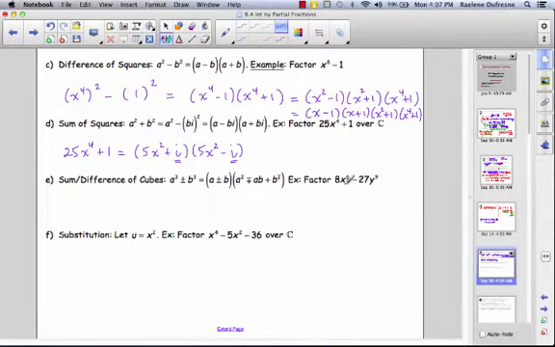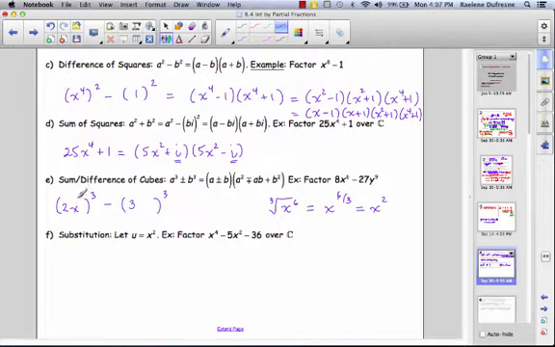So applying that to 8x to the 6 minus 27y to the 9, I'm first going to write my difference of cubes very clearly. I know that 2 cubed is 8, and I know that 3 cubed is 27. But again, if I want to take the cube root of x to the 6, that really means x to the exponent of 6 over 3, which is x squared.